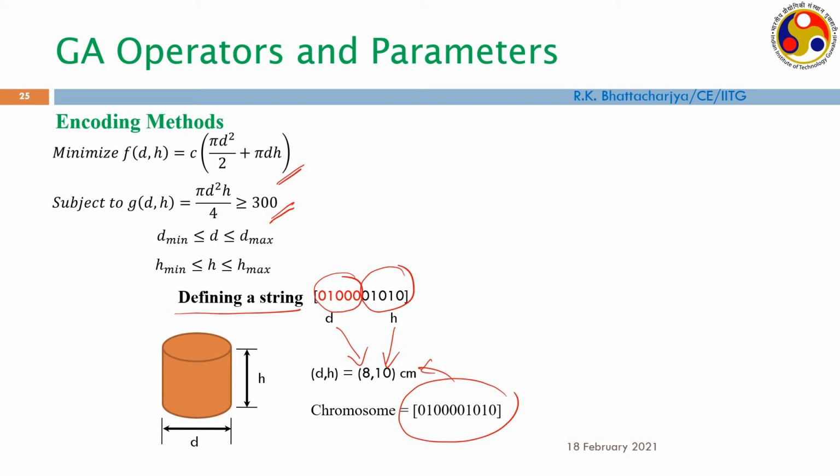So we have encoded the solution into a chromosome basically, and from this chromosome I can find out the value of D. As I said, the first 6 bits, 1 2 3 4 5 6, represent D and the second 6 represent H.